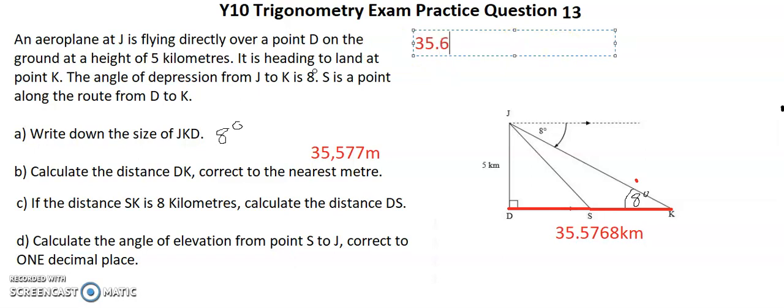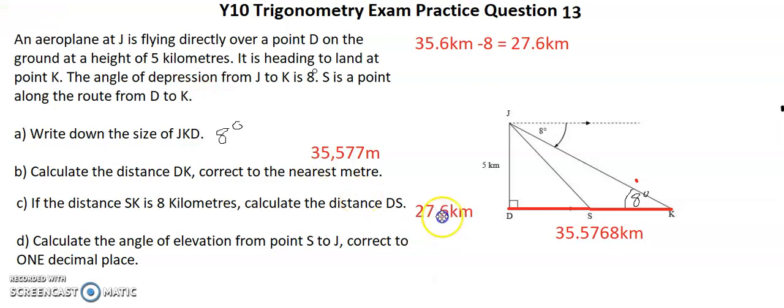I'll round that to 35.6 kilometers. We are going to be taking 8 kilometers away, and that leaves us with 27.6 kilometers. So straight away, we know our D to S.